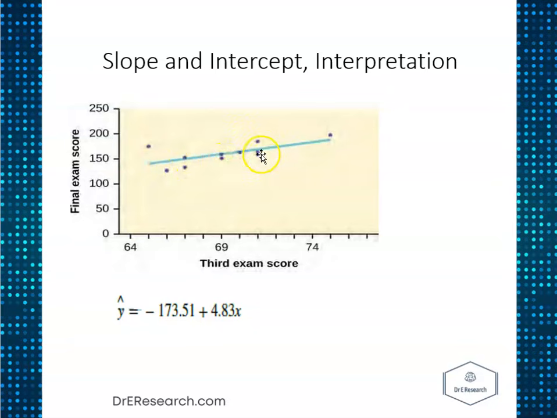You can see that if these points are close to the line, when I make a prediction about what someone's final exam score will be from their third exam, then we're going to be more accurate. Okay, we're going to be closer to what really happens, right? In other words, what they really receive will be closer to what we predict if the points tend to be close to the line. Okay, so you can see that happening there.